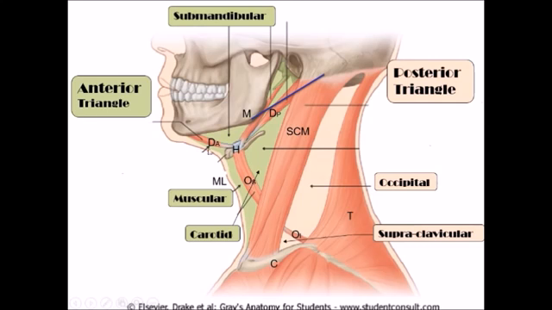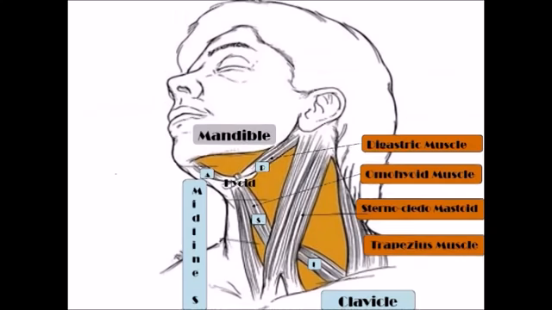Coming to the last triangle, this is the submental triangle. This is called submental because it is below the mentum. Okay, so this is the mentum here, it is below the mentum, that's why it is called the submental. Here again you can see a different picture with the same boundaries.